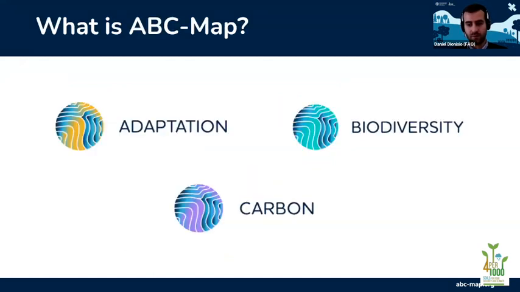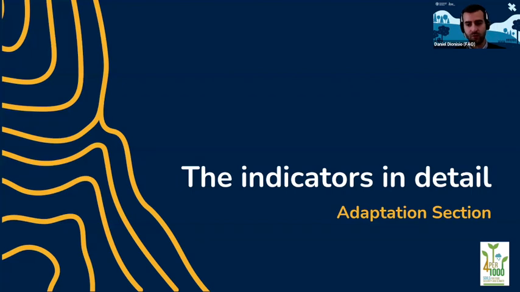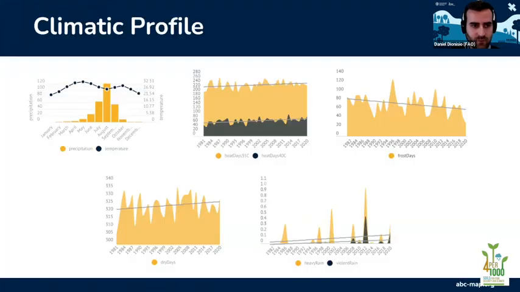So we developed ABC Map to be grouped into three sections: adaptation, biodiversity, and carbon. For each of the sections, we have several indicators. I'm going to start now with the adaptation section. In the adaptation section, we have a climatic profile: precipitation, temperature, days of extreme heat, frost days, dry days, days with heavy precipitation.